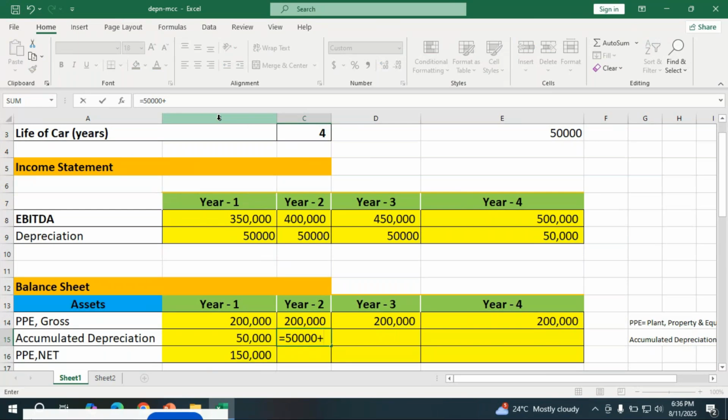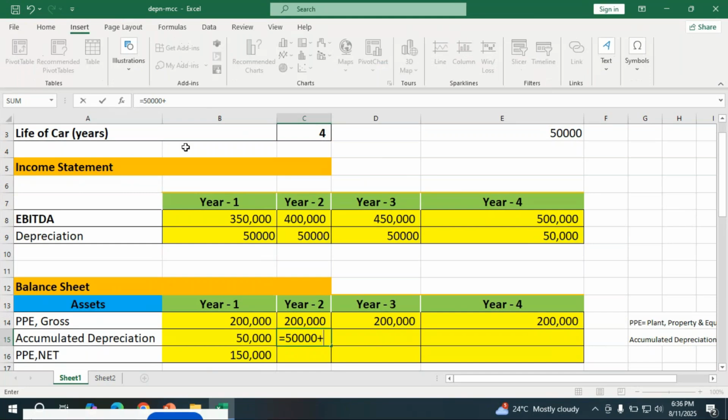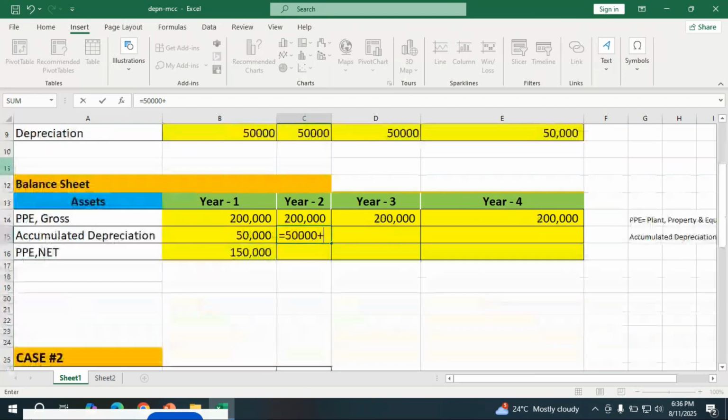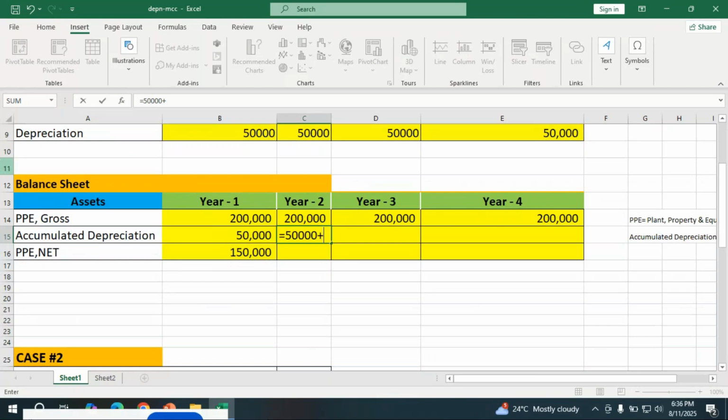So here it is, that depreciation we are going to put up. This year is 50. Here, either you can just bring it up like this, or you can put it directly as well. So 50,000 plus 50,000, which is 1 lakh.